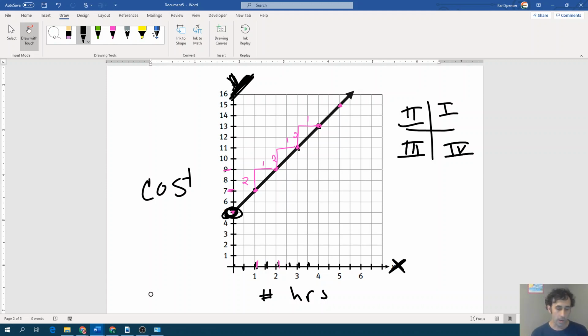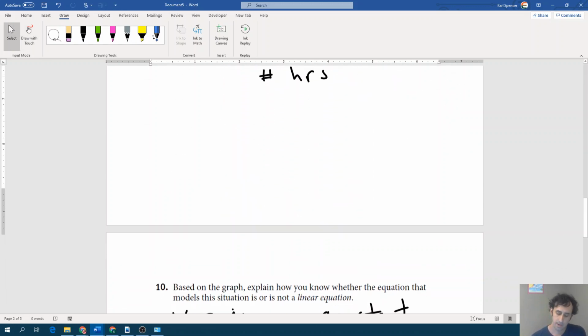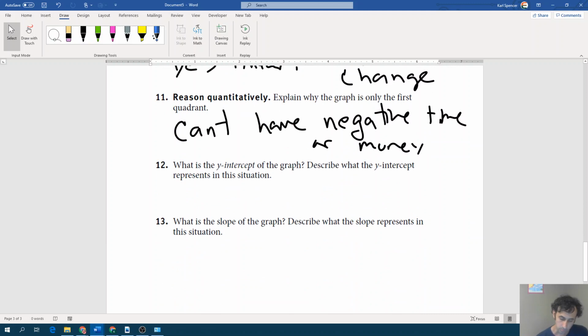So what is our y-intercept? Our y-intercept is where we intercept that axis. And that was that first point we had. The y-intercept was 5. So it's that point (0, 5). Now describe the y-intercept as it represents the situation.